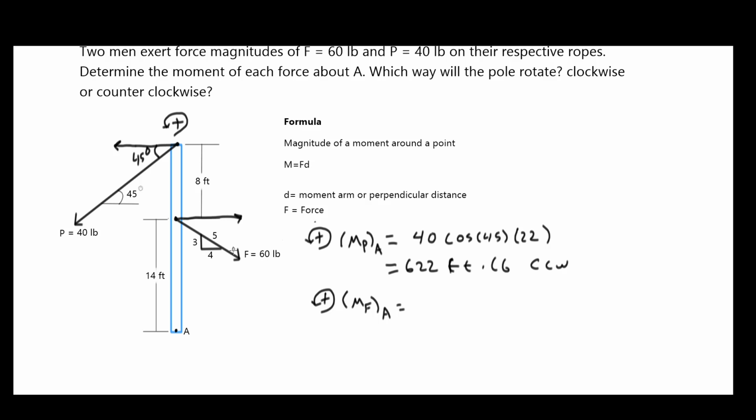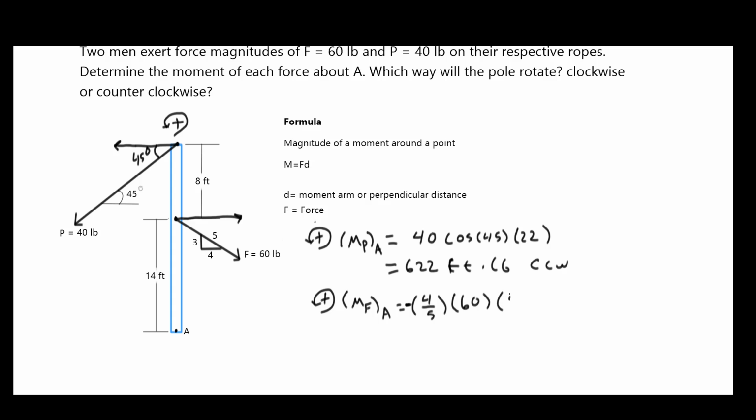So since we have a triangle here, I'm just going to go ahead and use the x component and divide it by the hypotenuse to calculate my angle difference. So for this, it's going to be 4/5. It's going to be a negative value times 60. And our distance from this point to point A is 14 feet.